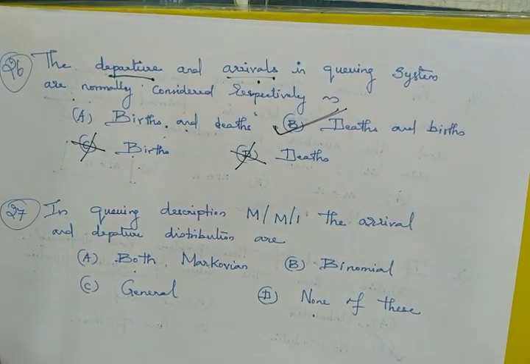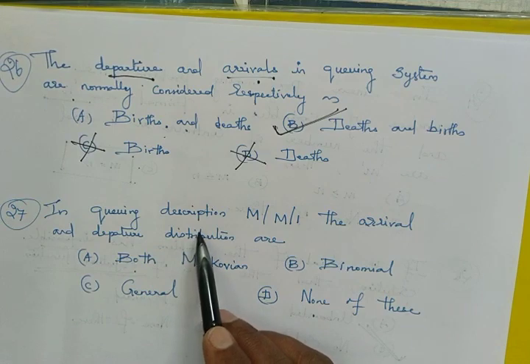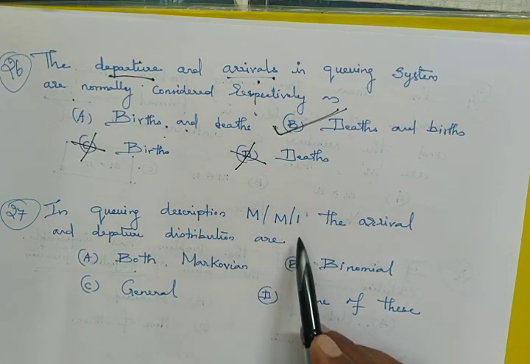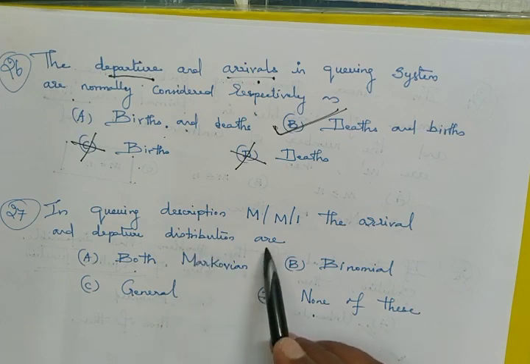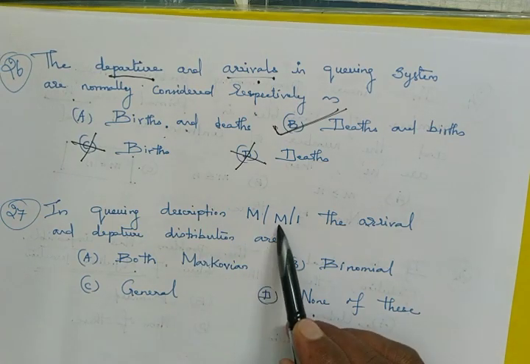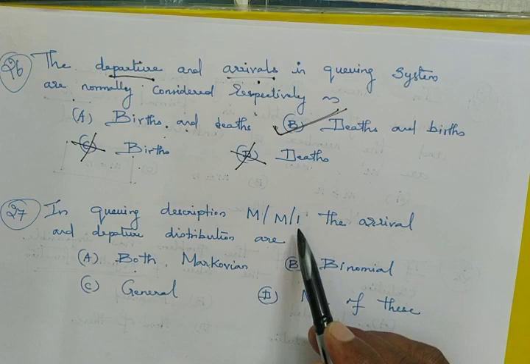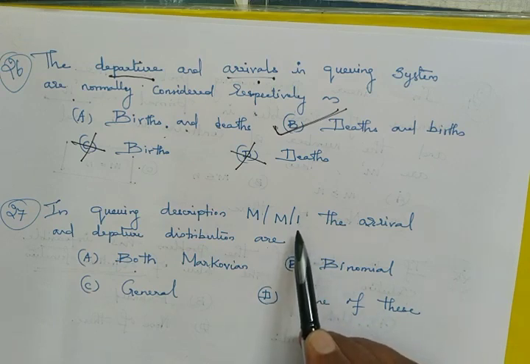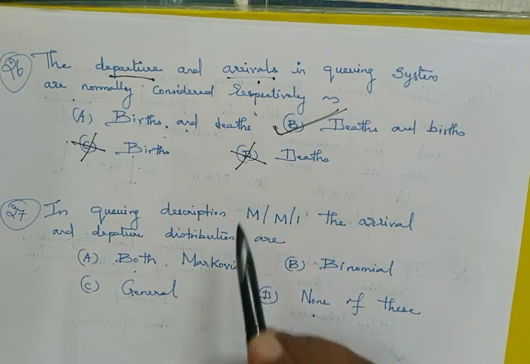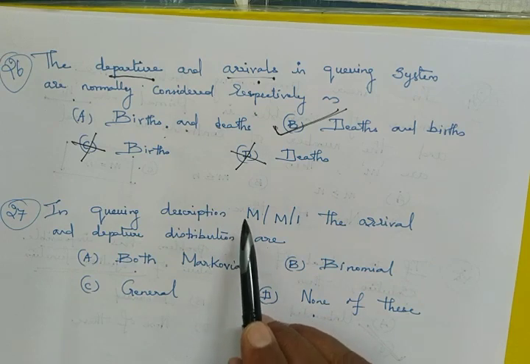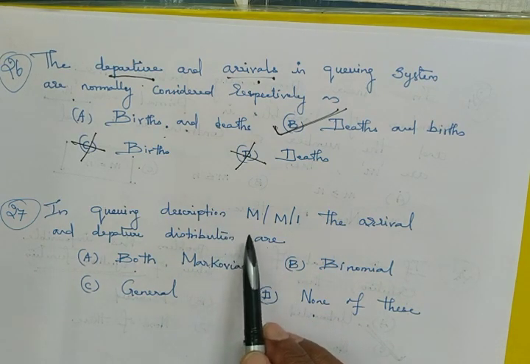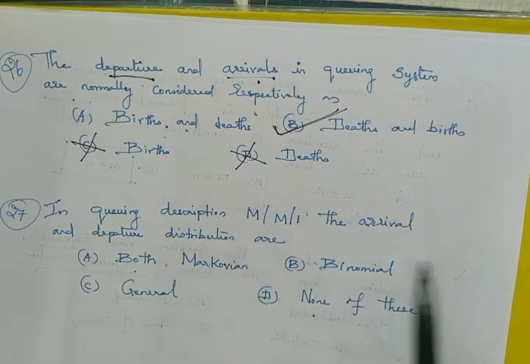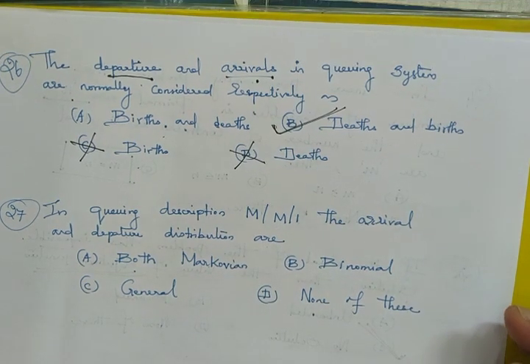Now listen. In the queuing description M/M/1, the arrival and departure distributions are M. The last 1 indicates a single server. The first M is for arrival and the second M is for departure. The M indicates the Markovian process.